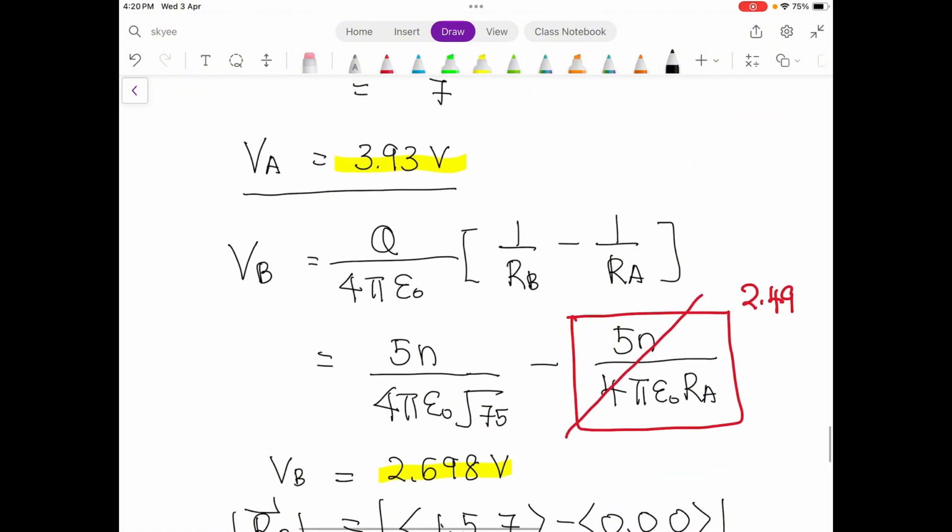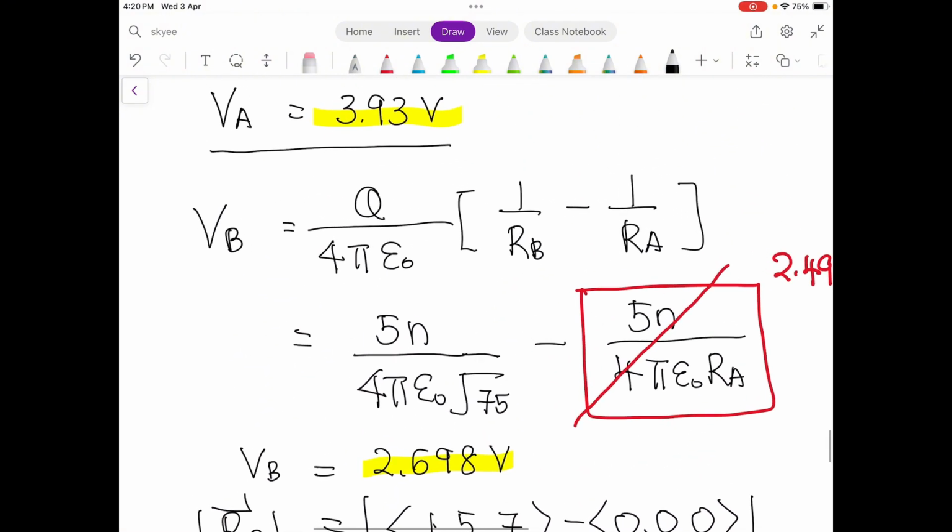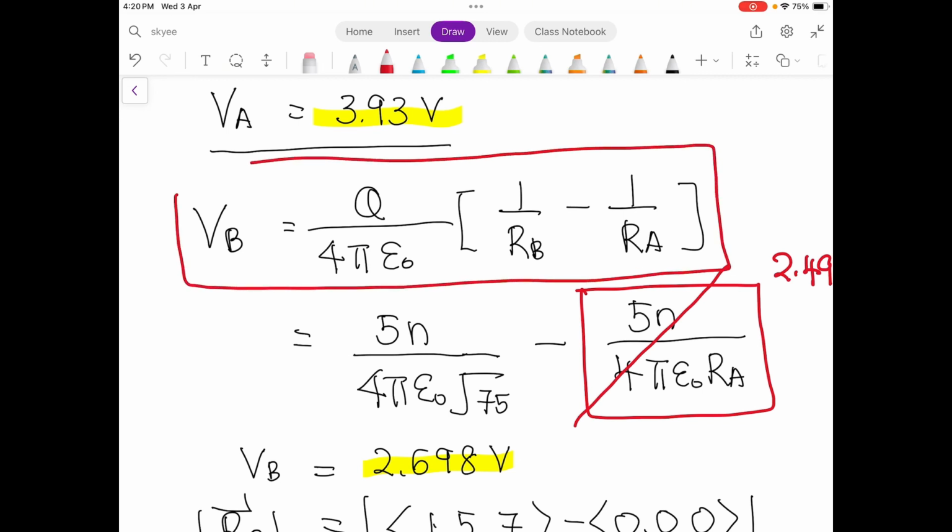I hope at the end you have an idea how to actually apply these equations. When we say that we are finding the potential, we are actually comparing the potential between two positions, that is position B and position A. Under normal conditions, we usually compare it with the potential at infinity, and we usually put it as 0.